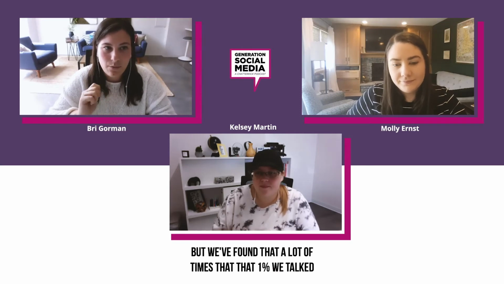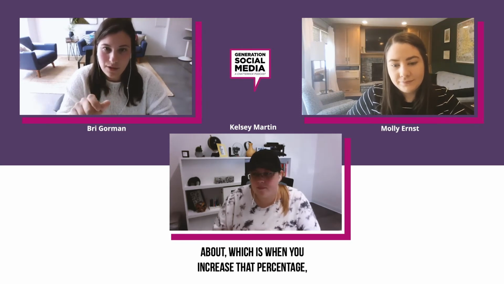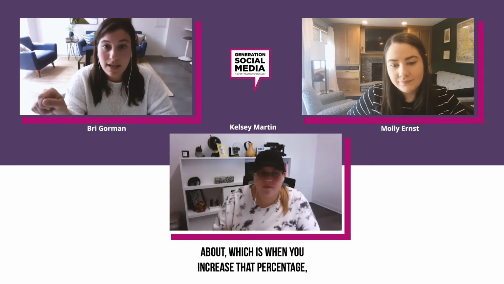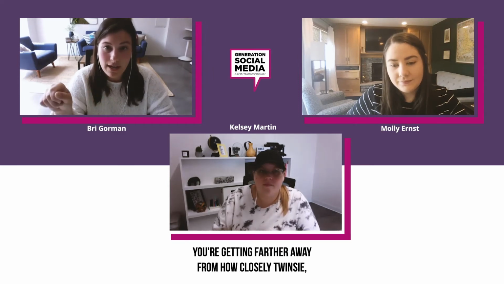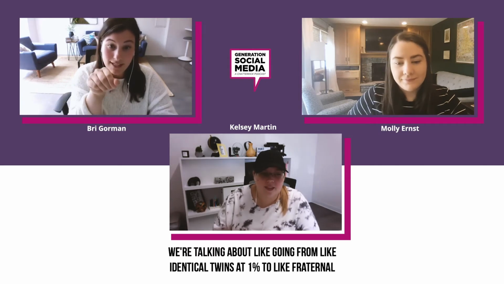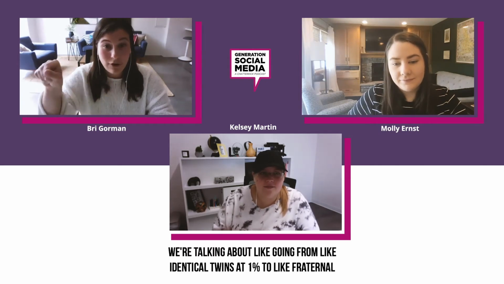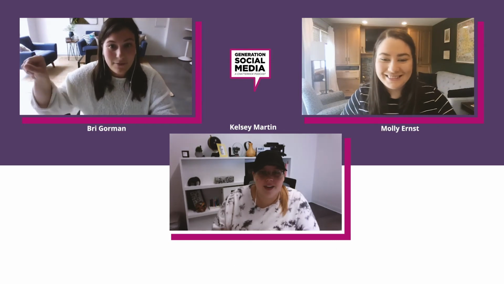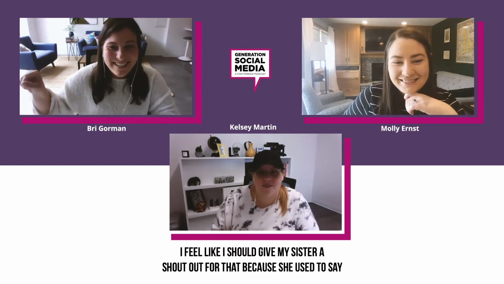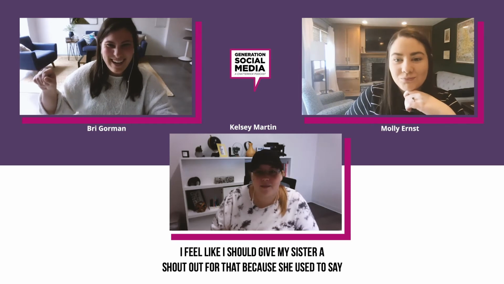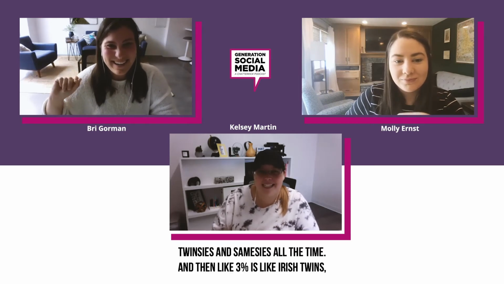But we've found that a lot of times, with that 1% we talked about, when you increase that percentage, you're getting farther away from how closely twinsied it is. We're talking about going from identical twins at 1% to fraternal twins, to two siblings twinsies. I feel like I should give my sister a shout out for that because she used to say twinsies and samesies all the time.